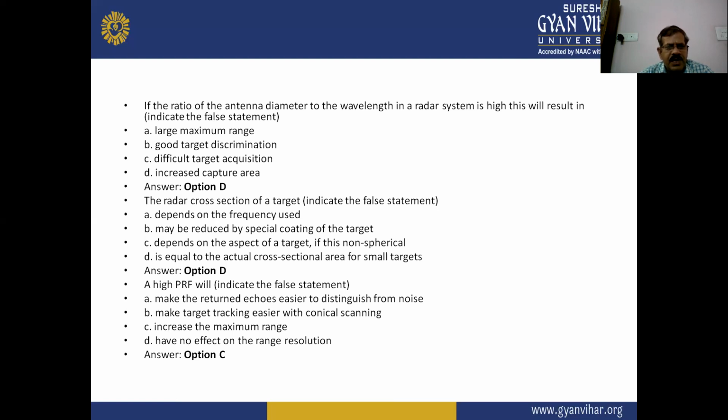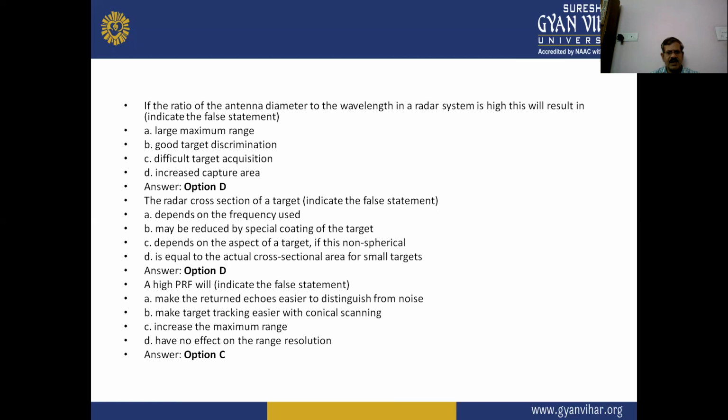A high PRF, meaning pulse repetition frequency, indicate the false statement. Option A, make the return echo easier to distinguish from noise.